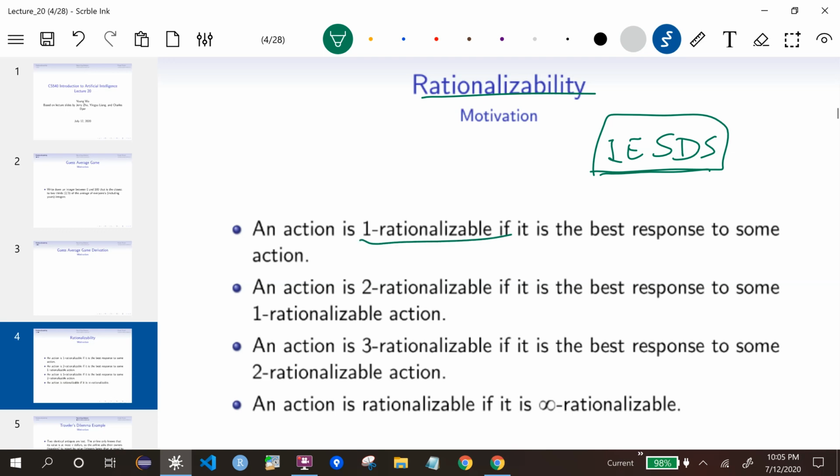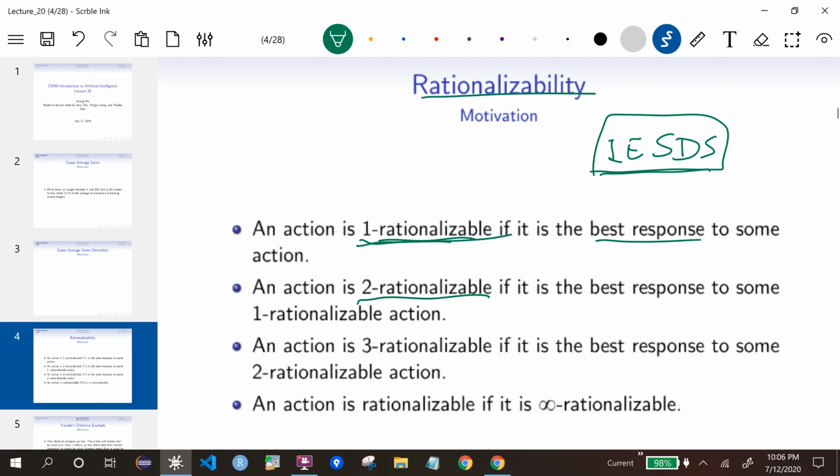We start with one rationalizable, which means we are removing the strictly dominated actions, and that set is roughly the same as the actions that are never best responses. There are some technicalities, but I'm not going to mention them here. Basically, we are removing the actions that are never good. So that's one rationalizable. And if we repeat on the game with those actions removed, then it's called two rationalizable.